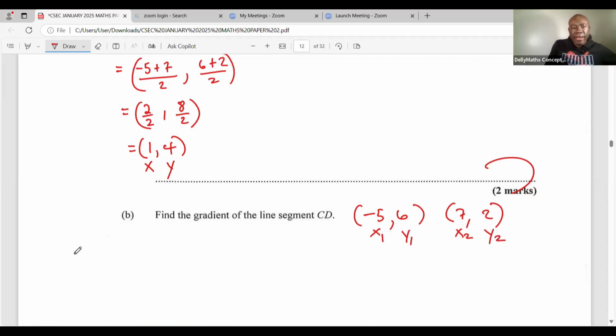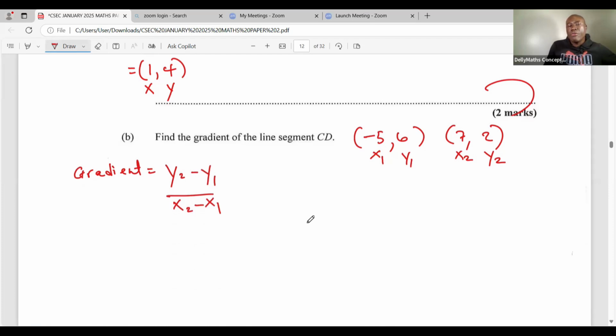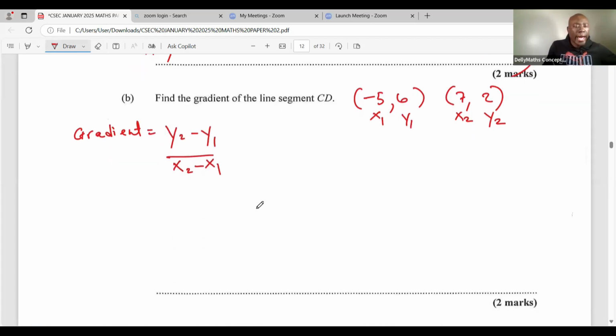Remember that we can calculate gradient by using this formula: y2 minus y1 over x2 minus x1.